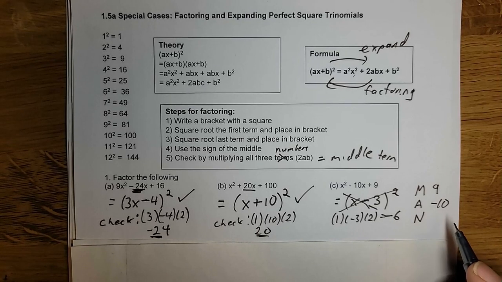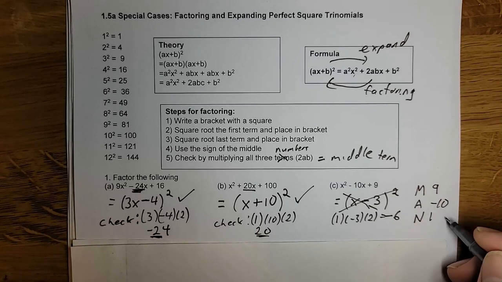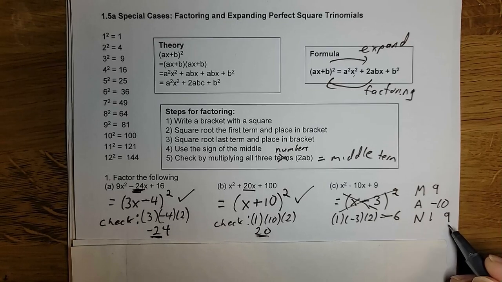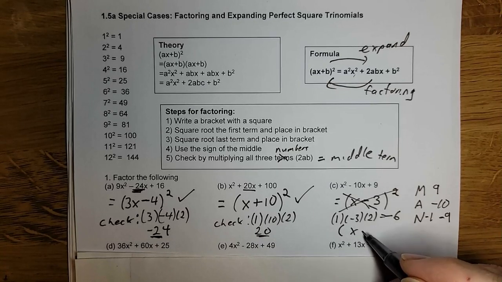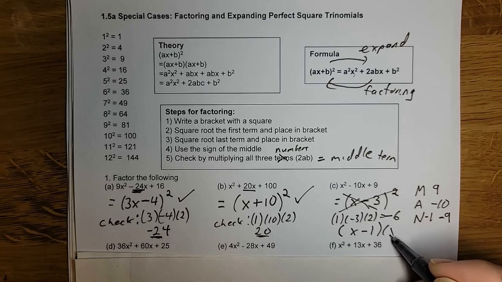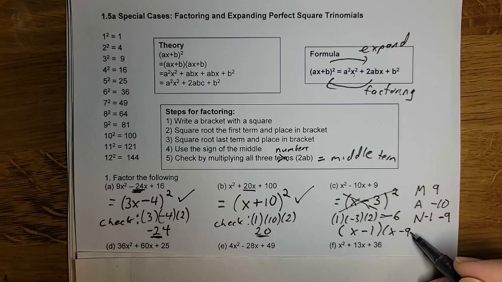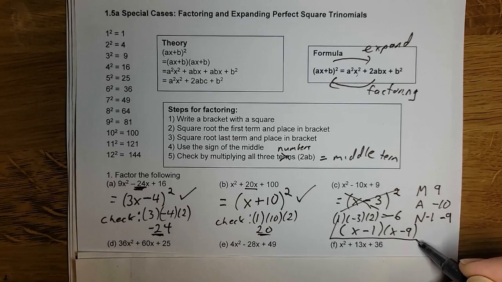And you're thinking, well, 1 and 9? 1 times 9 is 9. But it adds to +10. Oh, we've got to make them both negative. Now that's our answer. So you put x minus 1, x minus 9, and you've got the correct answer.